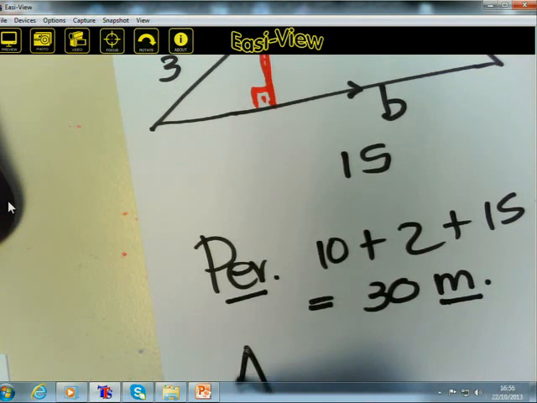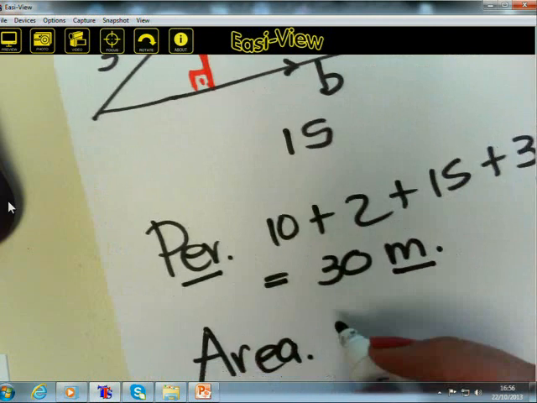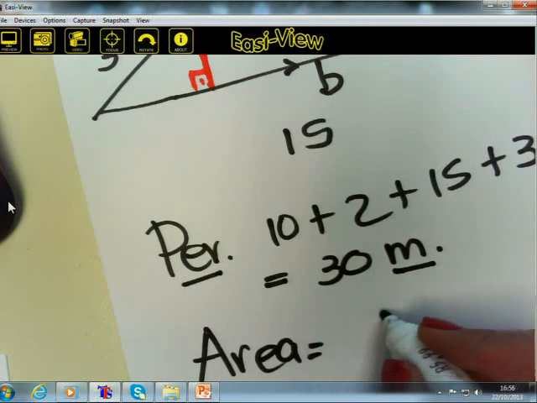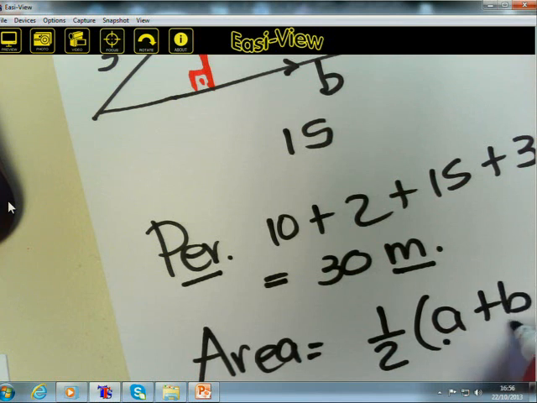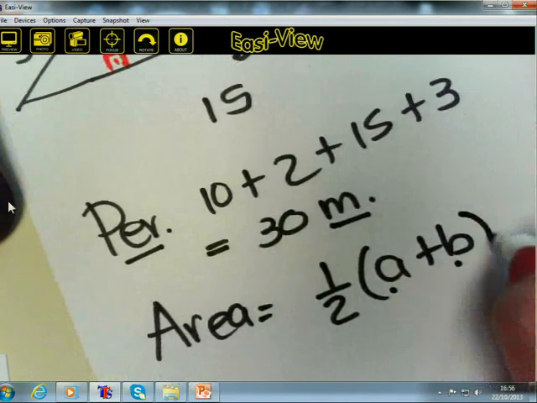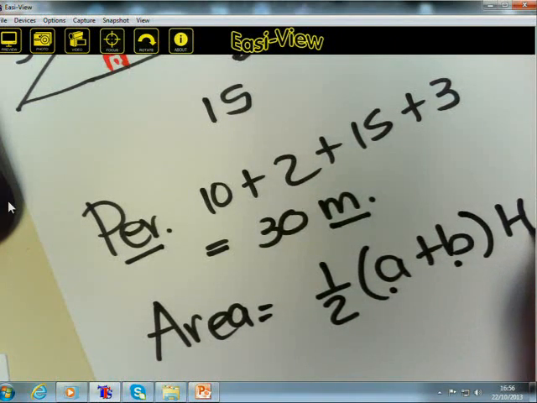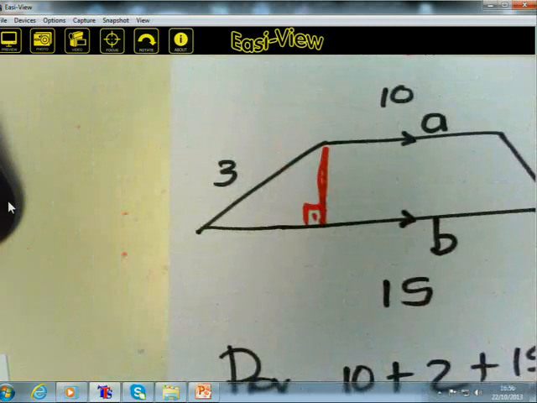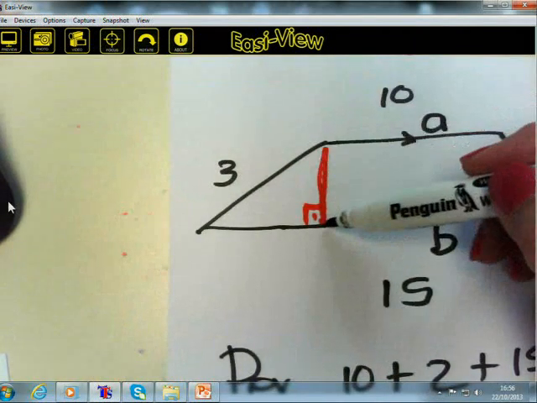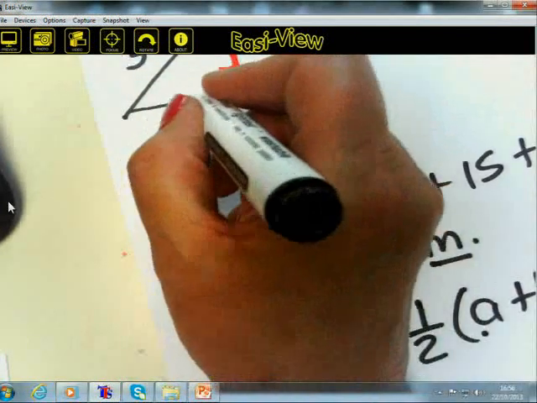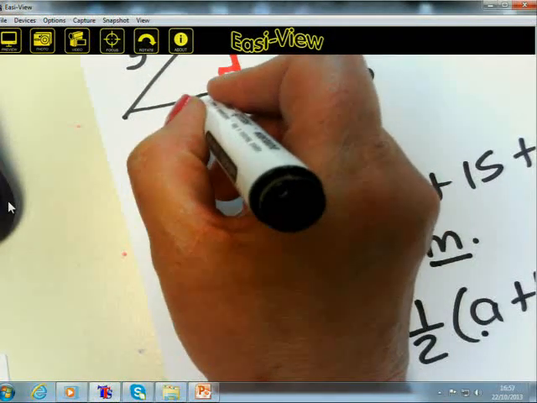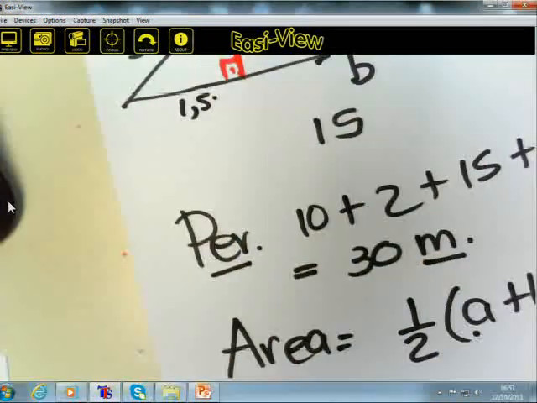But the area of a trapezium is given by the formula half times A plus B, the two parallel sides, times the perpendicular height. That red line that I had here, that line. And let's say this is, for instance, 1,5 or whatever, you're going to use Pythagoras to do that.